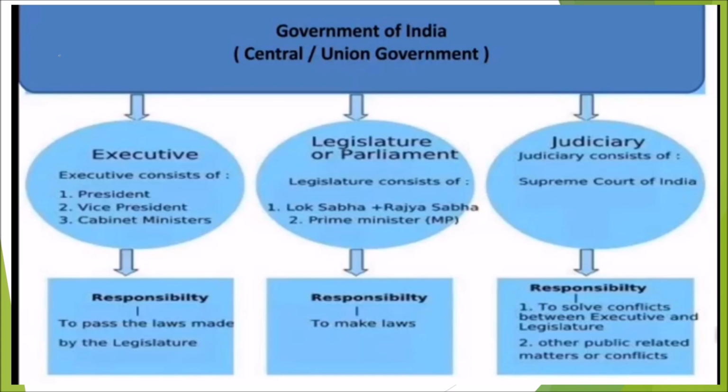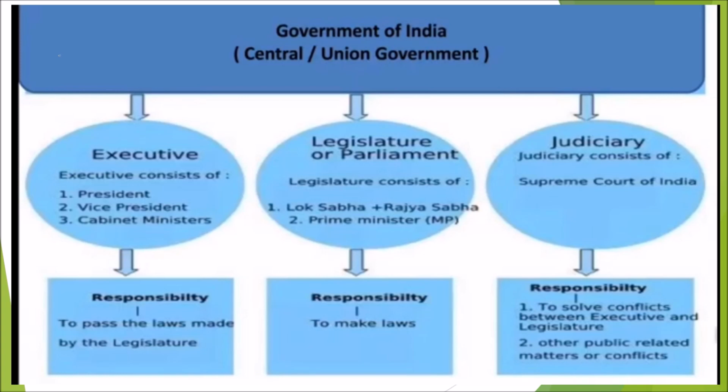The second one is legislature or parliament. Legislature consists of Lok Sabha, which is your lower house, plus Rajya Sabha, which is your upper house at central level. Then Prime Minister, PM.